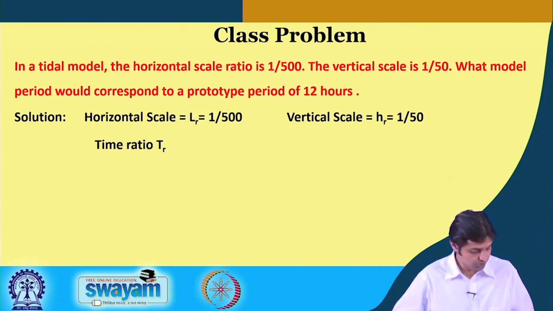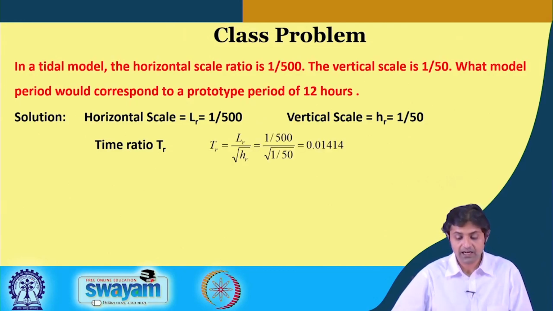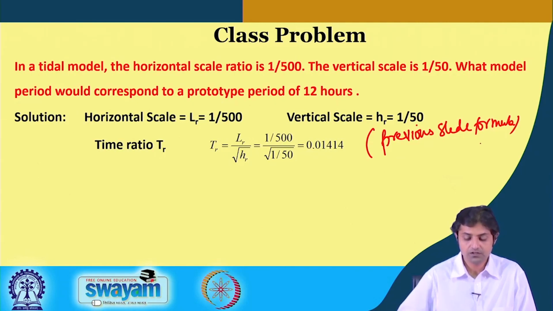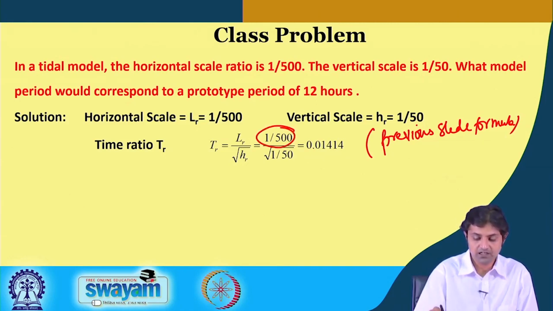So, time ratio is LR by under root HR. We can also see that from the previous slide formula for distorted models. Okay. So, it is LR by under root HR. LR ratio is 1 by 500 and under root HR is 1 by 50.